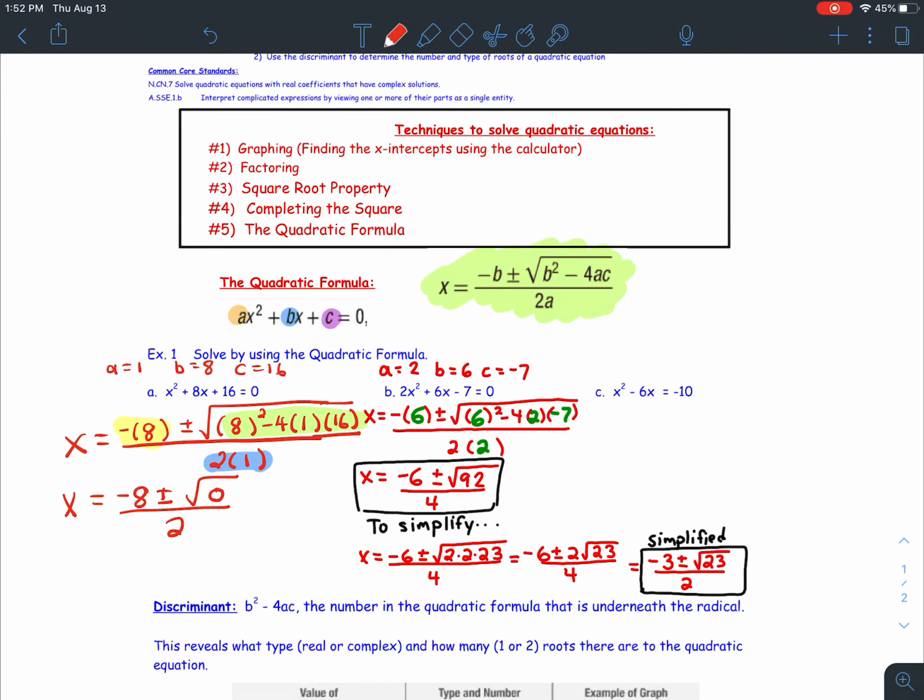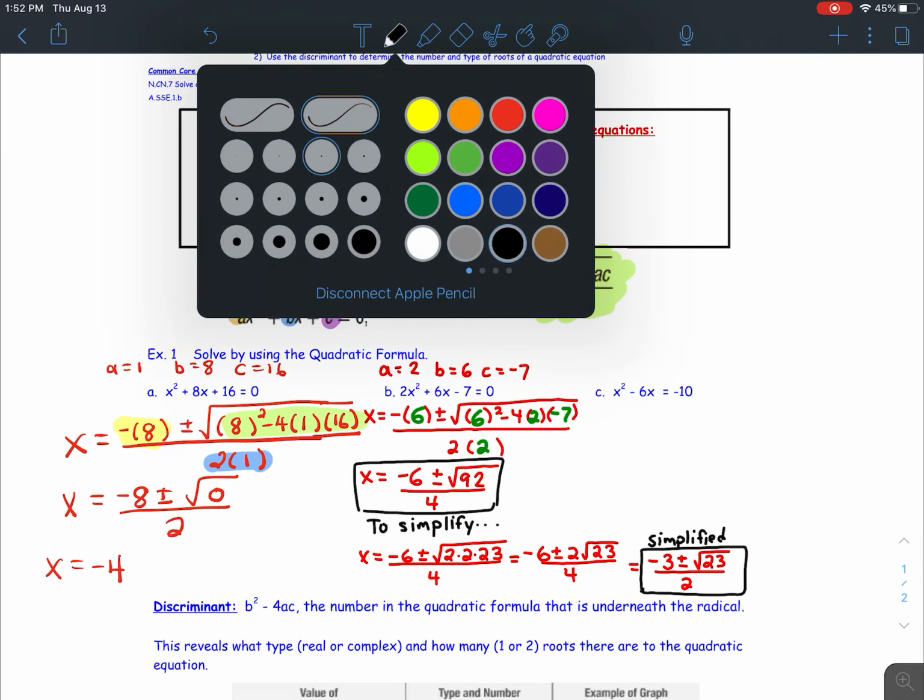So it looks like we're getting negative 8 plus or minus. If you were to type in 8 squared minus 4 times 1 times 16, I believe that you end up getting a 0 underneath the radical symbol and a 2 in the bottom. So we know that the square root of 0 is 0. So this plus or minus is what often produces two possible answers to these quadratic equations, because you go through the problem once, negative 8 plus 0, divide by 2.